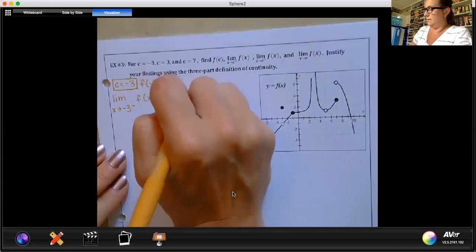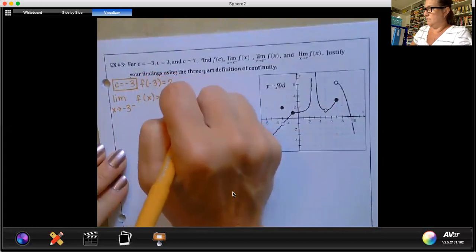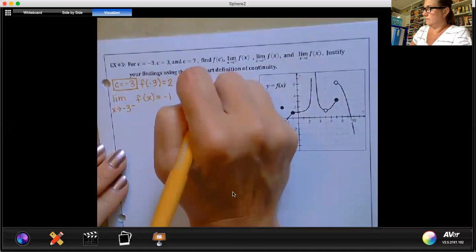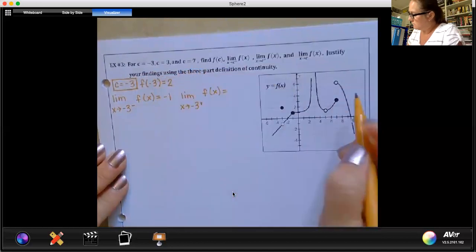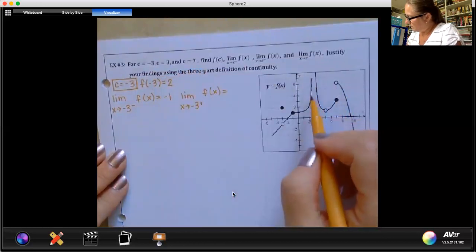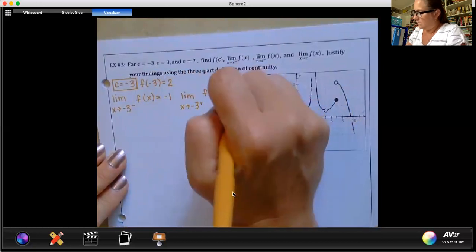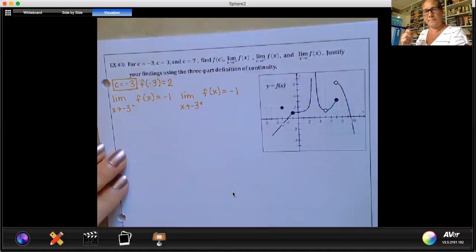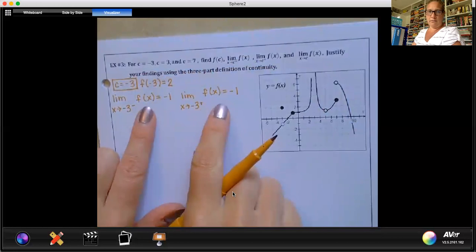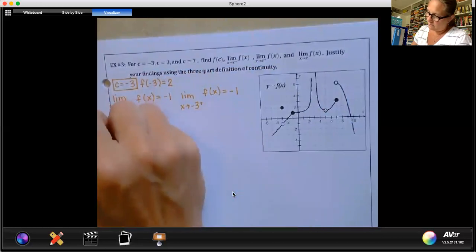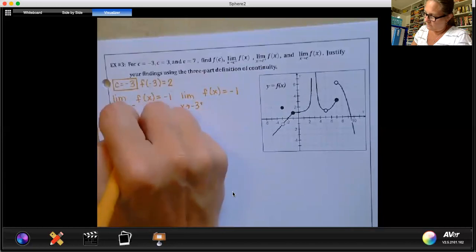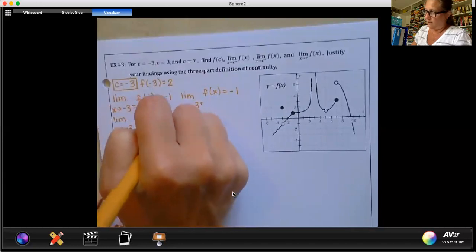We're going to find the limit as x approaches -3 from the right of the function. From the right approaching -3 is -1. So our overall limit as x approaches -3 of the function is -1.